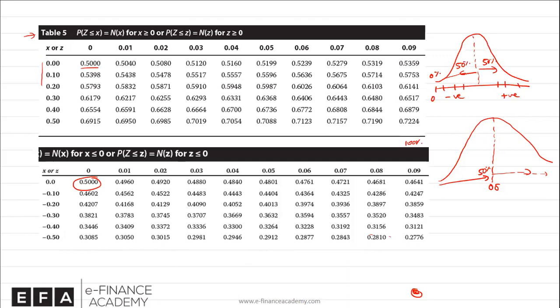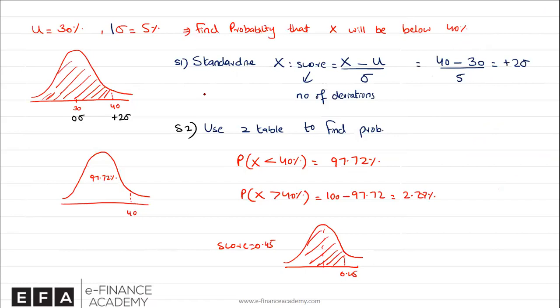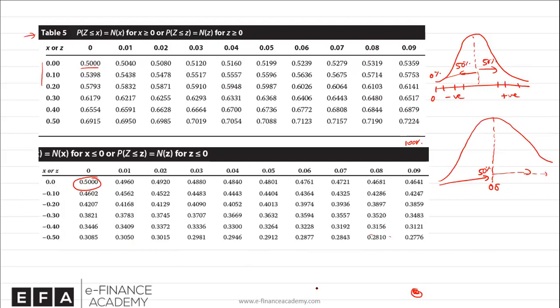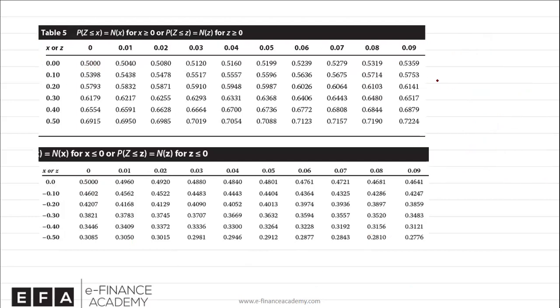The second key thing you need to understand is, going back to the example I was telling you about, if our score is a positive 0.45, and we want to find the probability of below 0.45, how can we find the probability? Firstly, here's what I'm looking for: I want to find the probability below 0.45 deviations, which is my score.